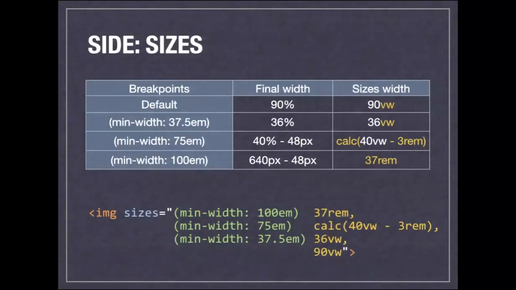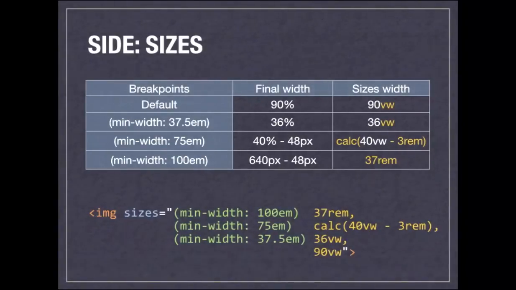And then you can turn that 40% into 40vw, and then we're going to convert it back to rems. We're going to divide 48 by 16, and we get 3. And we're going to convert that 640 into rems, and then it's 37 rems when you do the math there. So there we have our layout information.